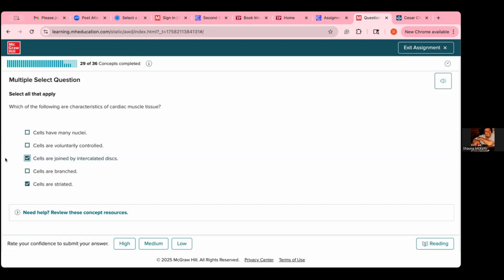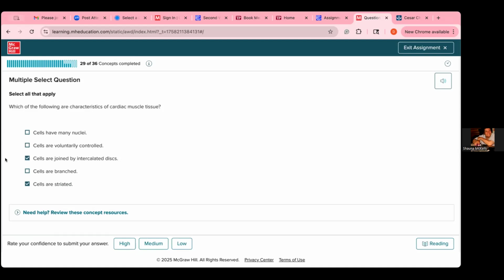Let me see. What else does it say? Cardiac muscle is made up of long branched cells.